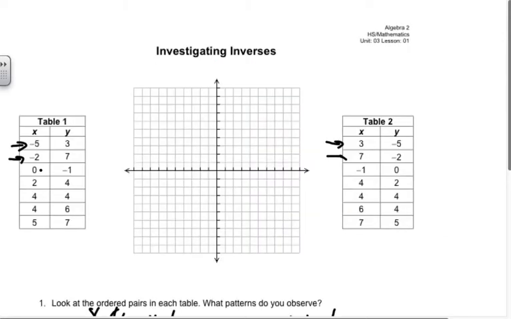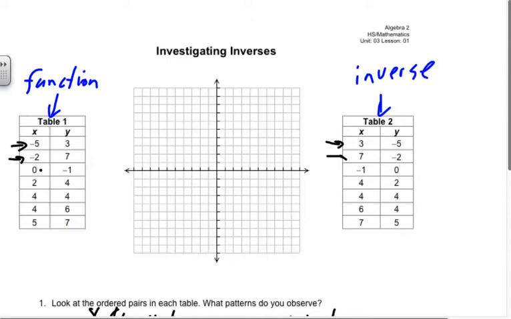All right, and so that's what we found here. If this is our normal function, we flipped the x's and y's. So table 1 is going to be our function. And table 2 will be our inverse.